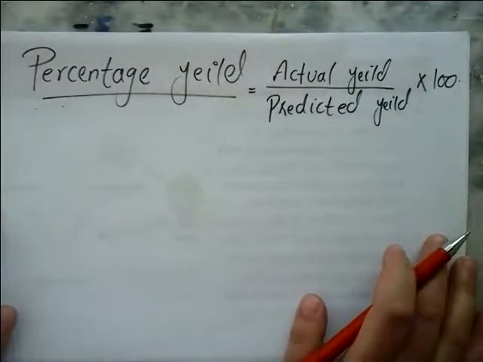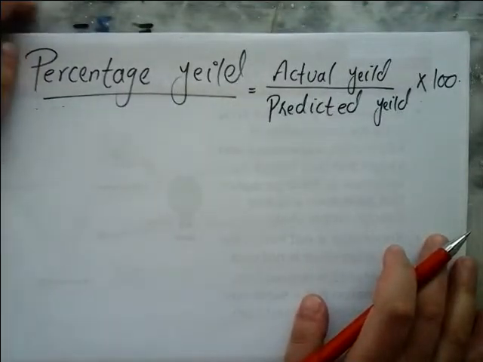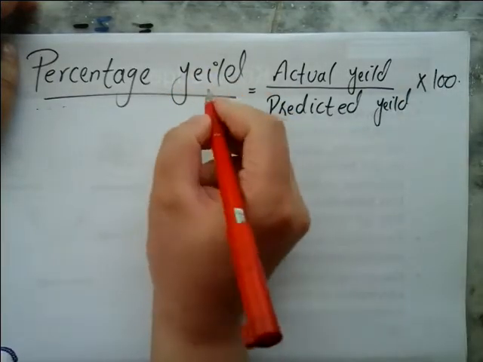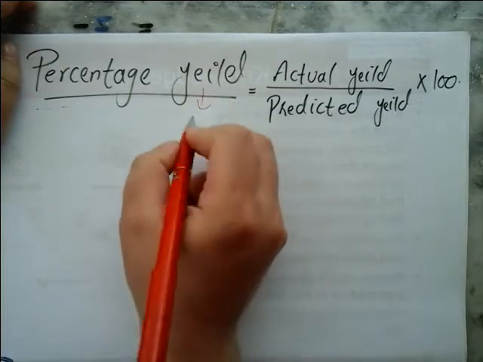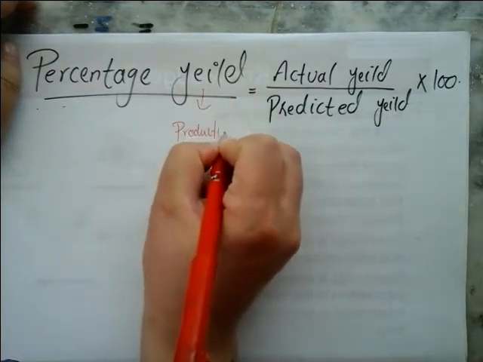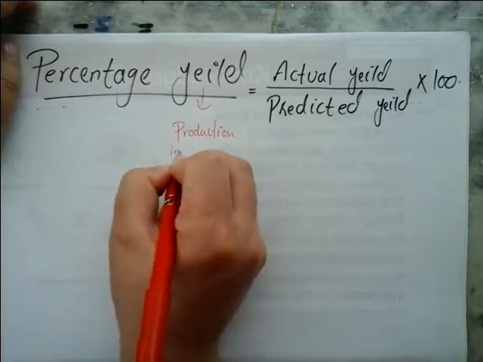Hello everyone, today our topic is percentage yield, and percentage yield can be defined as actual yield divided by predicted yield into 100. Okay, so yield, as you can understand, is basically related to the product. Yield means production, production in terms of percentage.